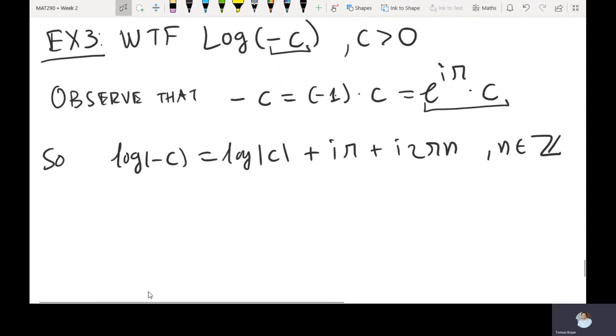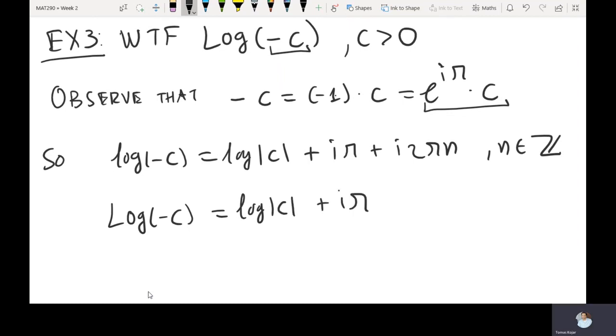And the principal guy will just be log of c plus i pi, right? So there's no n.